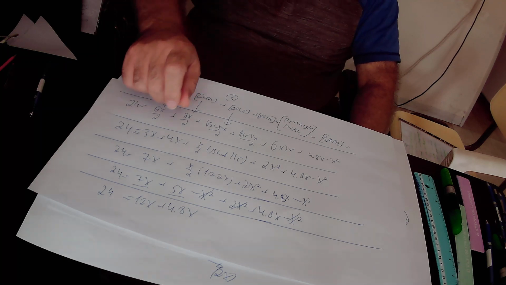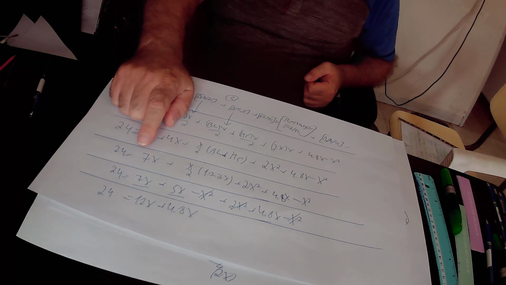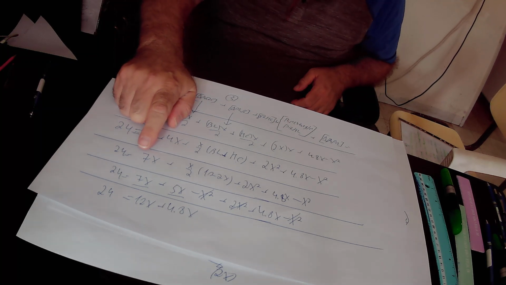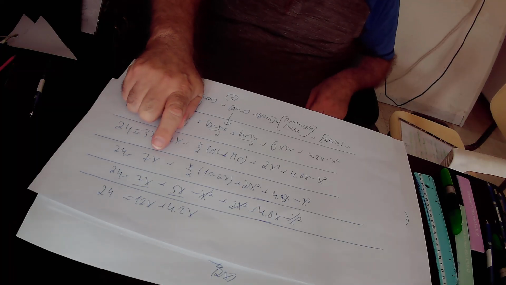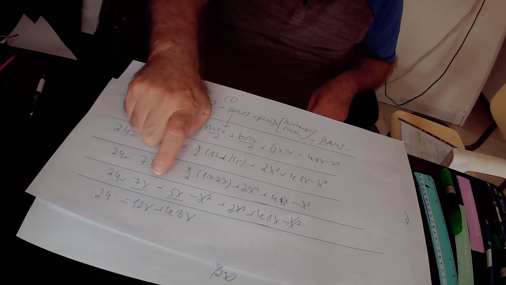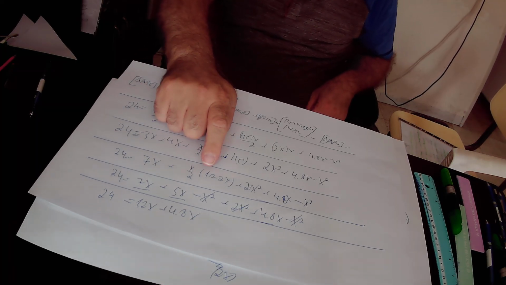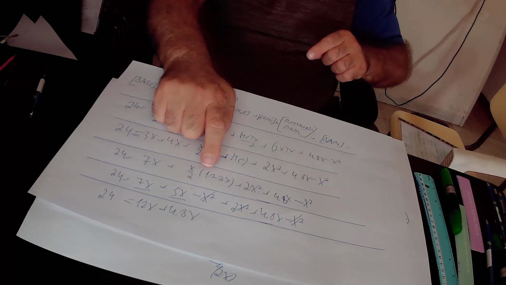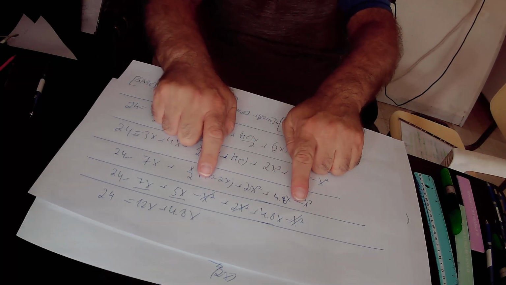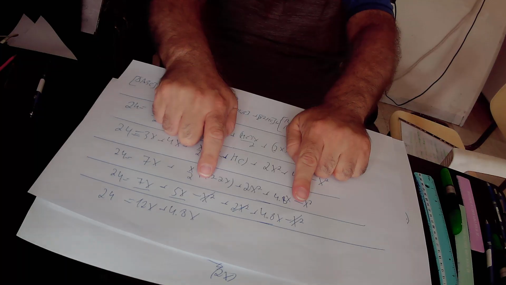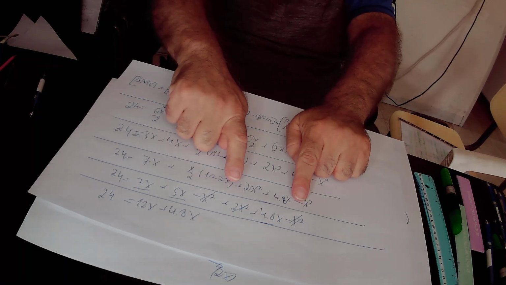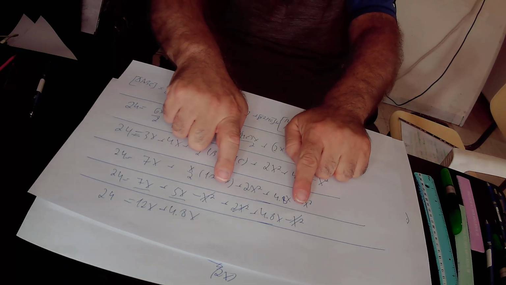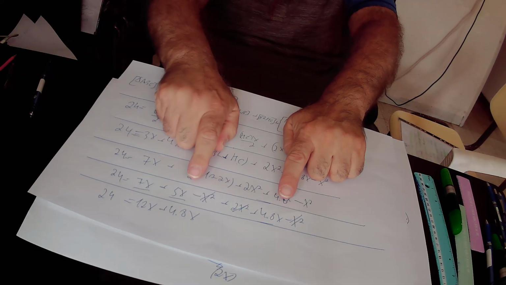So we continue to simplify this side of the equation. We get 24 equals 7x plus 5x is 12x. And minus x squared minus x squared is minus 2x squared, minus 2x squared plus 2x squared is 0. So those two expressions get cancelled, and we are left with 4.8x.